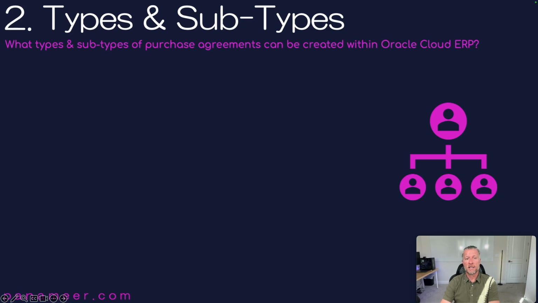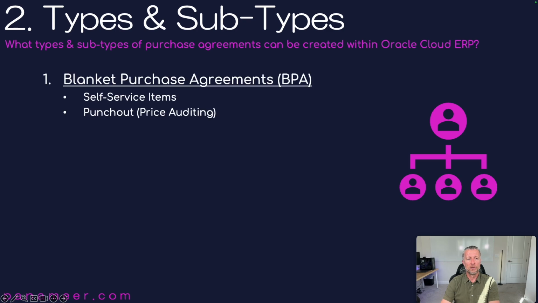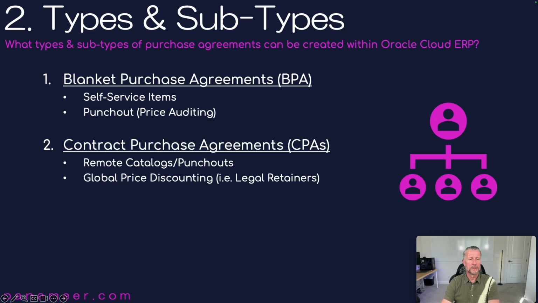Slide 2. What types and subtypes of purchase agreements can be created within Oracle Cloud ERP? Well, largely there are blanket purchase agreements, or BPAs. So as mentioned, those are self-service items, or they might even connect to a punch-out for price auditing. Then there are contract purchase agreements. These are the most common for a remote catalog or a punch-out because everything on that punch-out goes under the same contract.